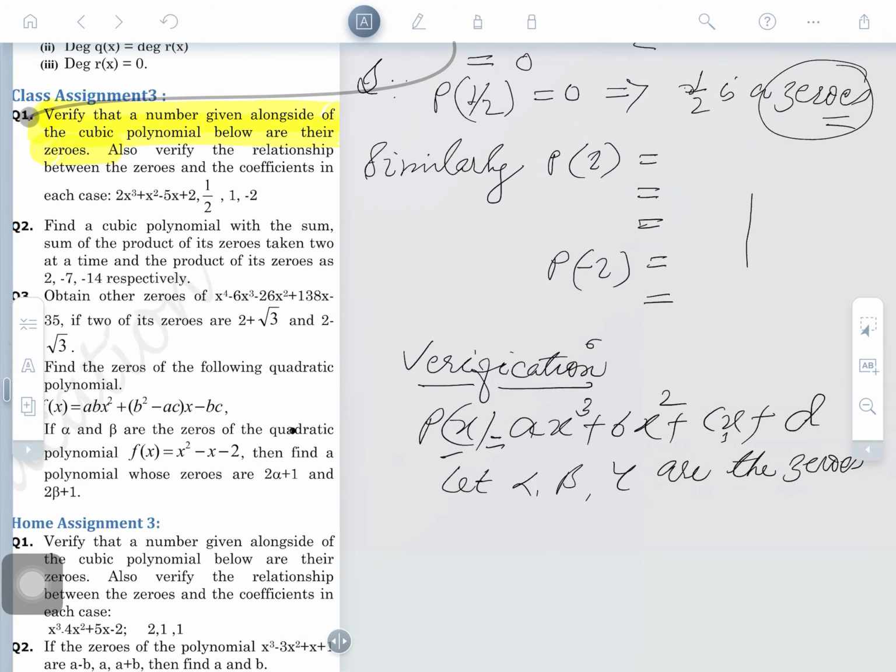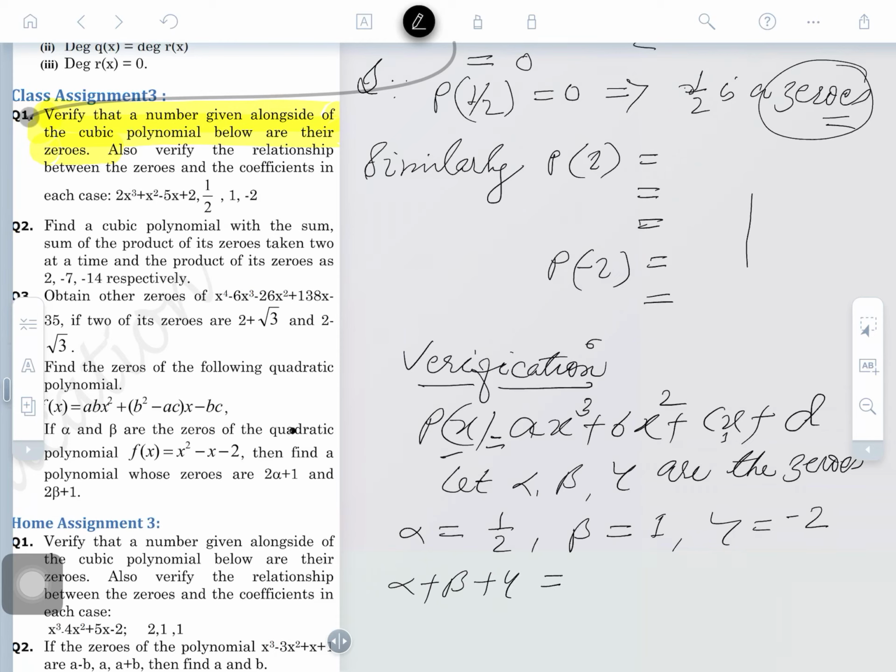Alpha is 1 by 2, beta is 1, and gamma is minus 2. So, the first verification is alpha plus beta plus gamma.